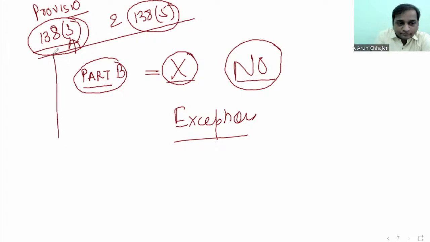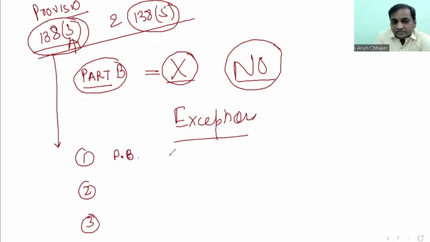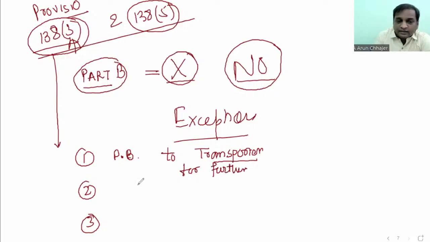What is the exception? Listen. If three conditions are satisfied: if you are moving the goods from your principal place to the transporter place for further transportation, and the distance is within 50 kilometers, and same state.